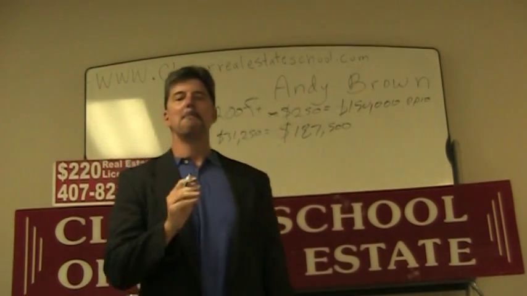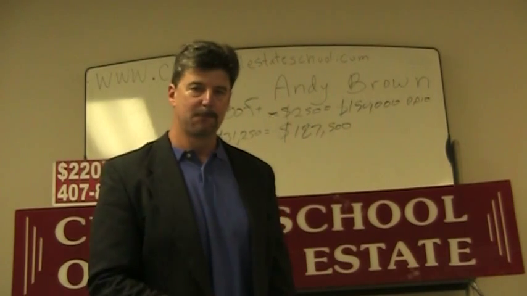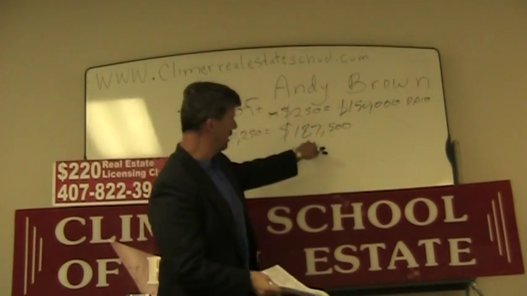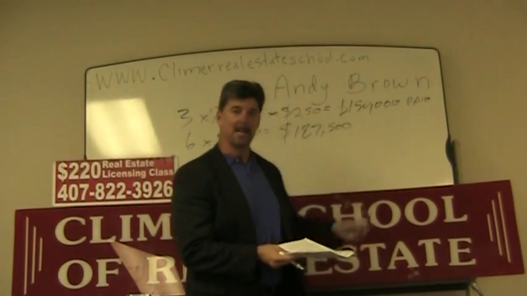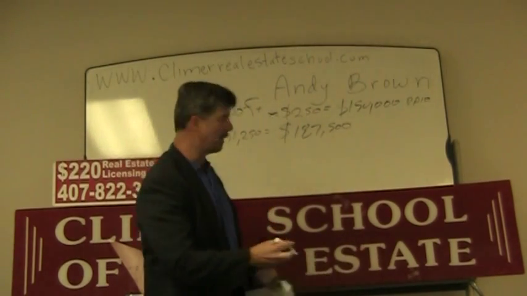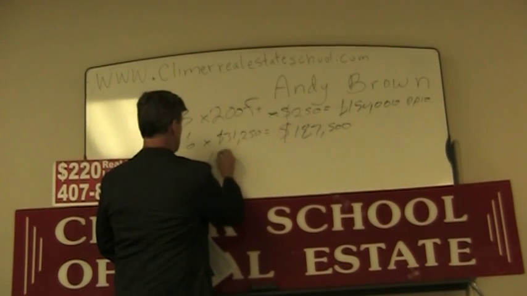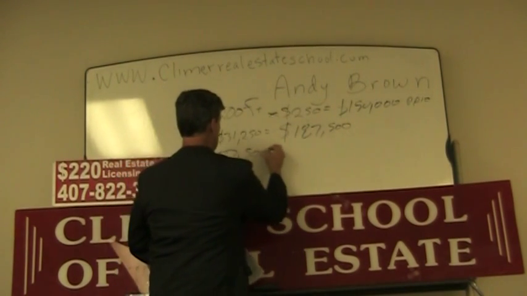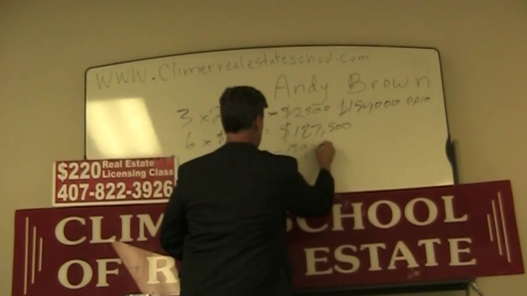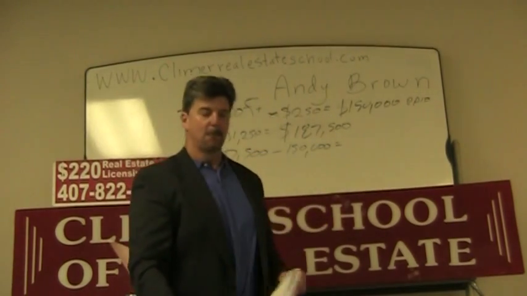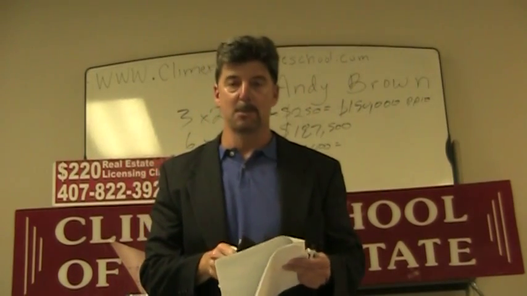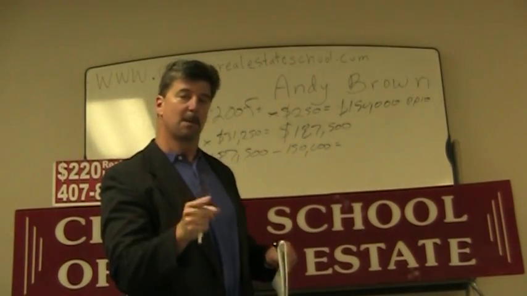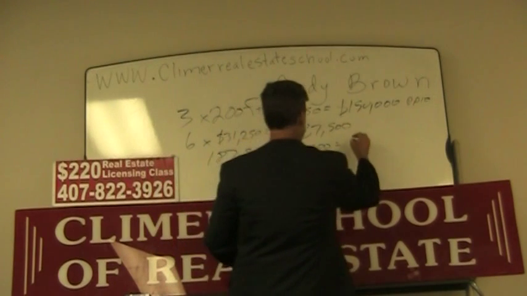How much did he make off of his investment? He made what he sold it for, $187,500, minus the $150,000 he paid. So far, so good, right? On the four-function calculator, 187.5 minus 150, $37,500.